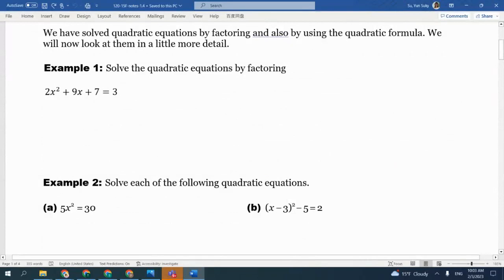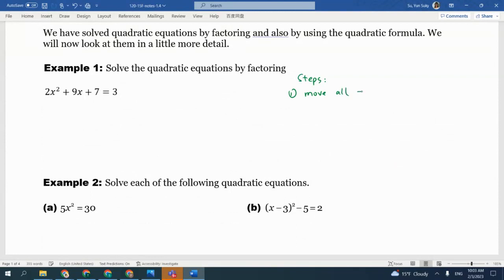First of all, when we solve a quadratic equation, make sure all the non-zero numbers, all the constants, move to one hand side. That is the first step. Let me write down the step here: move all terms to the left hand side.